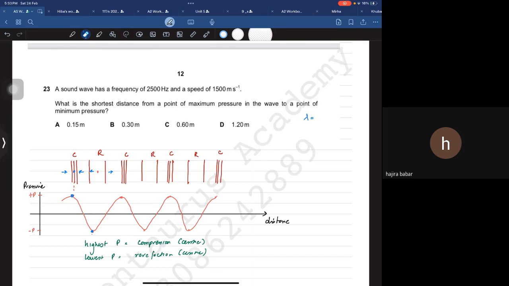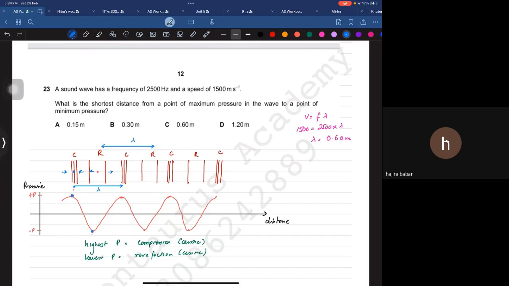Now you guys need to find the wavelength. So speed is 1500, frequency is 2500 times lambda. Lambda does indeed come as this, but remember, when it comes to sound waves, the distance between a compression to a compression is a lambda, and a distance between a rarefaction to rarefaction is also a lambda.